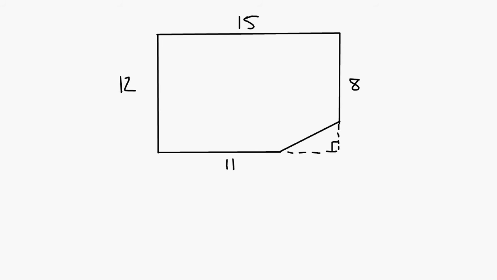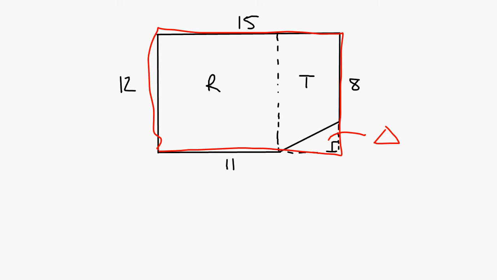Some people see a rectangle plus a trapezoid. Does it matter which way you see it? No. It's either this rectangle plus the area of this trapezoid, or it's the area of the big rectangle all the way around the outside minus the area of this triangle.